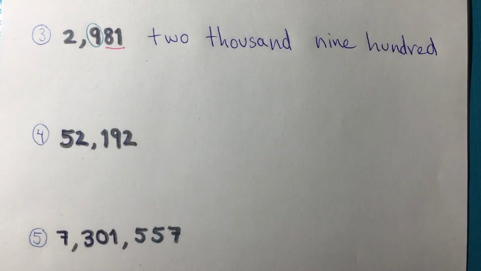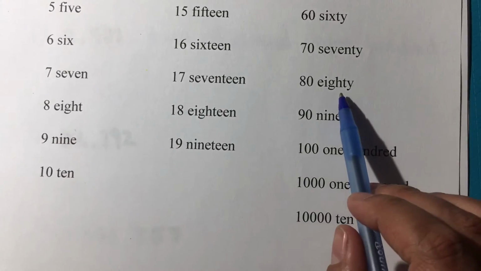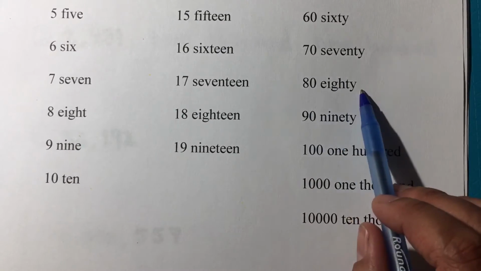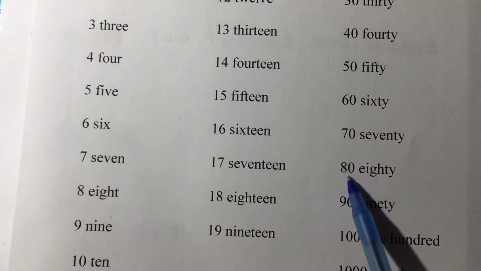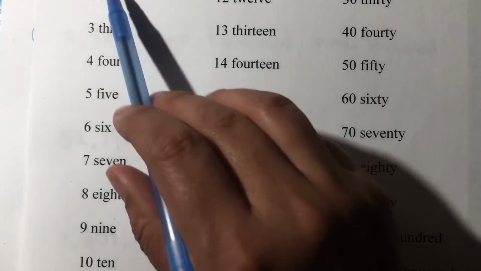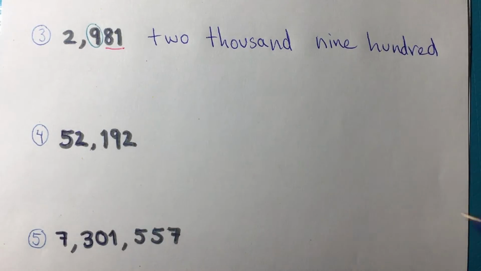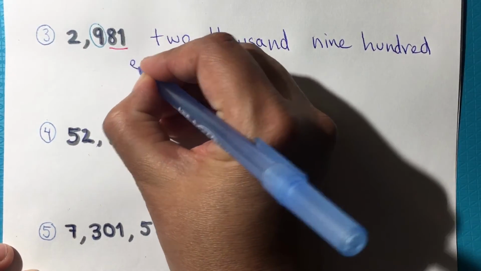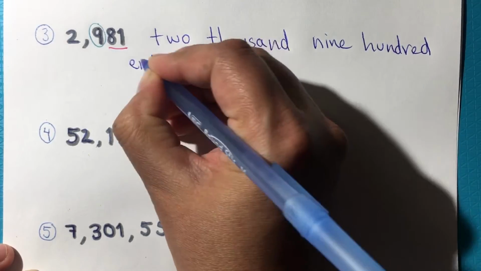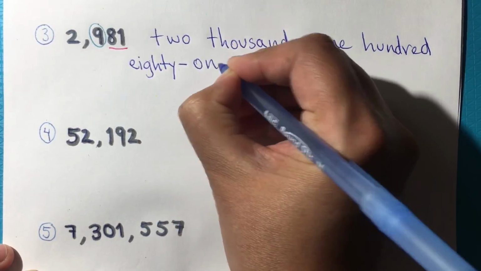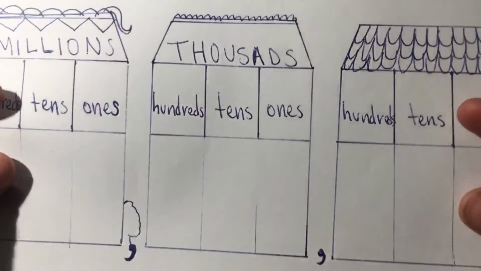And if you are not sure with this, again, how to spell it, go to your page. 81. An 8 and a 1 is 81. So 80-1. I'm going to fold this to make it easier.